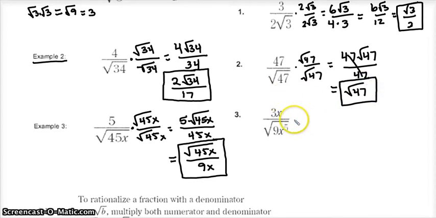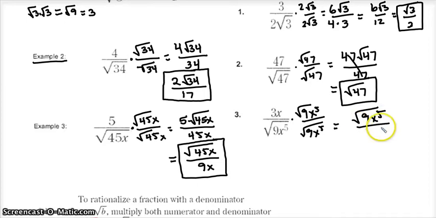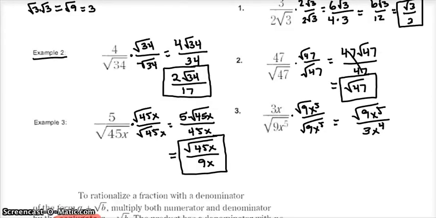Last one of the on your own problems, I multiply the top and the bottom by the square root of 9x to the 5th, and when it's fully simplified, you should have gotten the square root of 9x to the 5th all over 3x to the 4th. Don't forget about those exponent rules. That was easy.